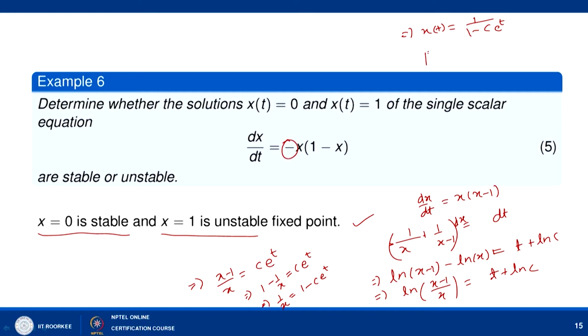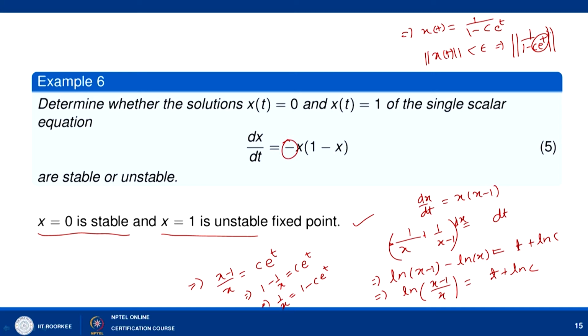Let me do it for x equal to 0 now. For 0, I need to look at only the norm of this x(t), and we can find the constant c depending on the initial condition. We want to show that it can be made arbitrarily small. The norm of this is 1 upon 1 minus c e to the power t. As t tends to infinity, c e to the power t is going to be very large, and that makes 1 upon 1 minus c e to the power t small.